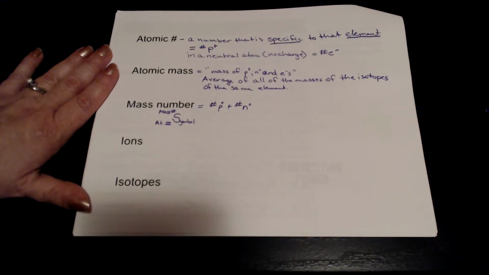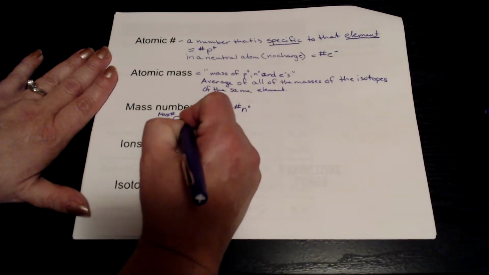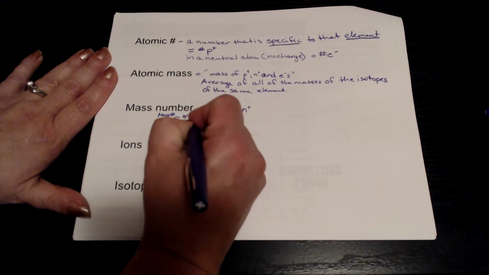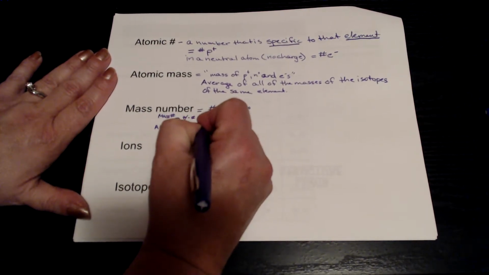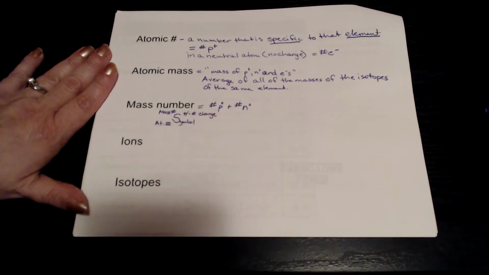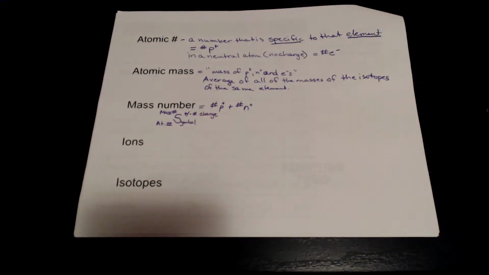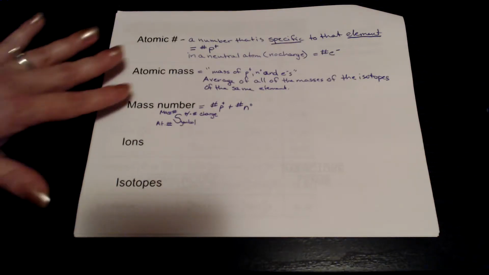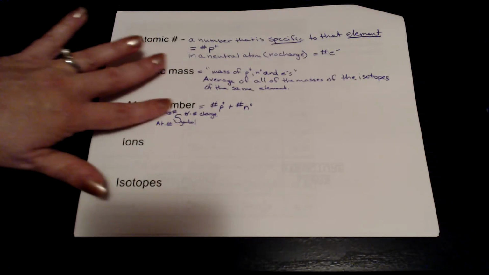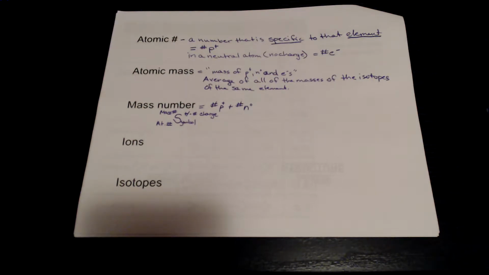And later on we'll see that if there's a number here with either a plus or a minus, that's the charge. I'm sure you've seen a chart that has this kind of information in it. People will refer to this as the isotope symbol, or the way to symbolize an isotope.